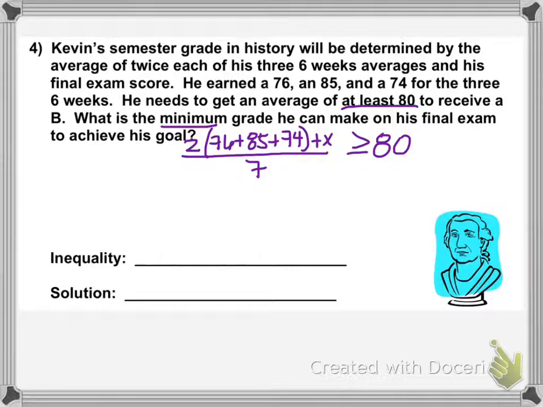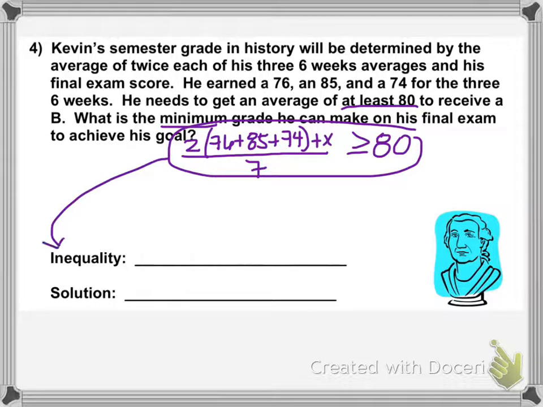So this is your inequality, and rather than rewriting it, I'm just going to circle it and draw an arrow. To solve this is going to take a little bit more time. What we need to do is first get rid of that 7 at the bottom, so we're going to multiply both sides by 7.